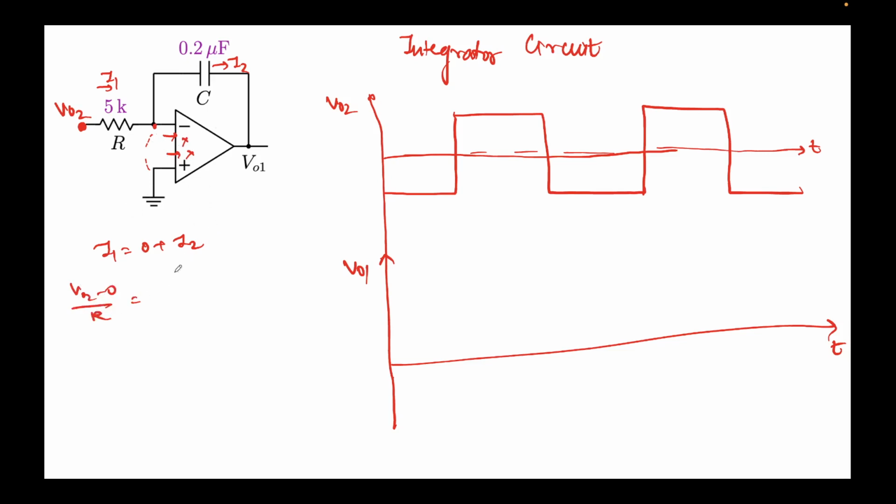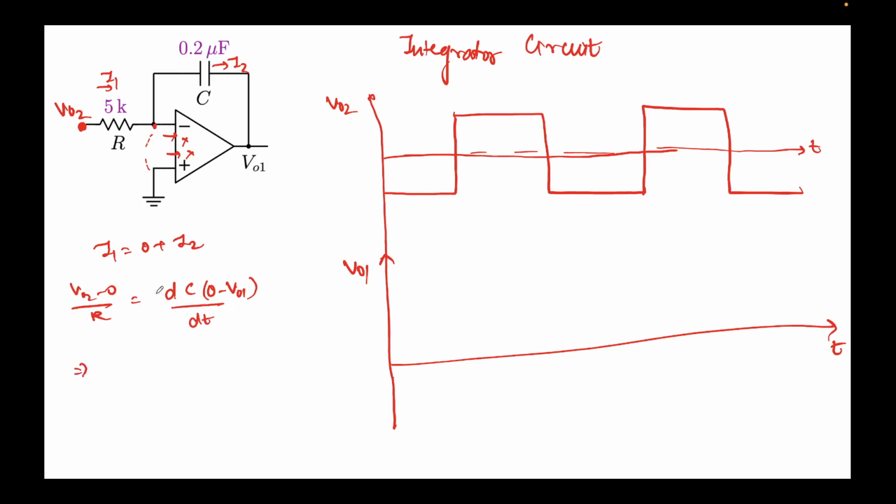This should be equal to I2. The current through a capacitor is nothing but d(CV) over dt. So I2 I can write as d(CV) over dt, where V is 0 minus V01.